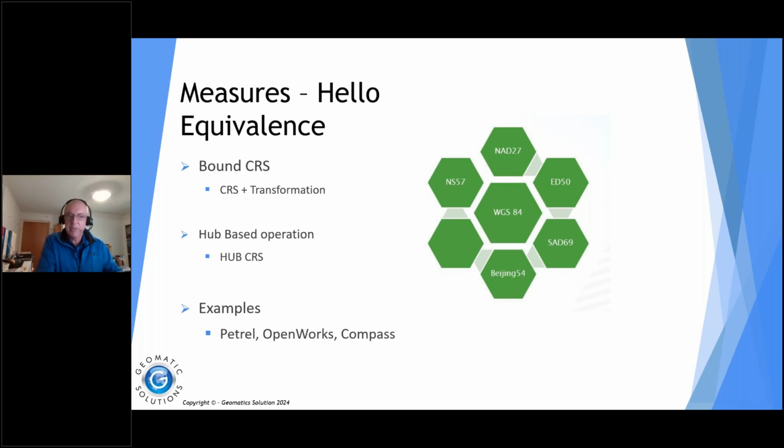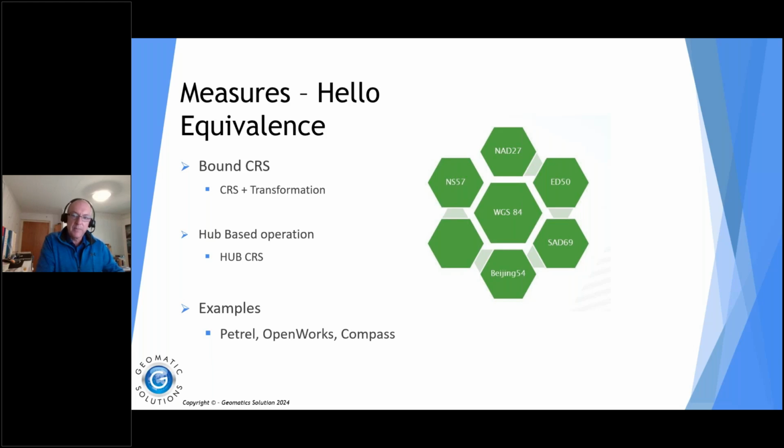And that's when we say we have equivalence on the WGS84 ellipsoid or CRS. The applications that do this are called hub-based applications. And I would say that every application I've seen so far during my work has had WGS84 as the hub CRS.